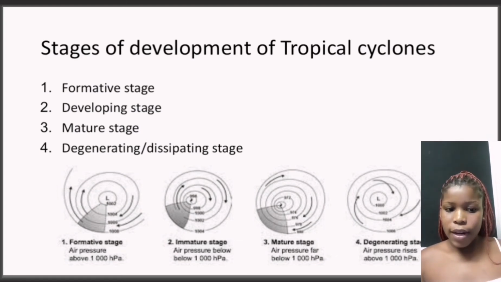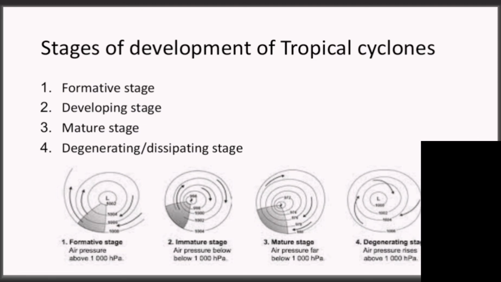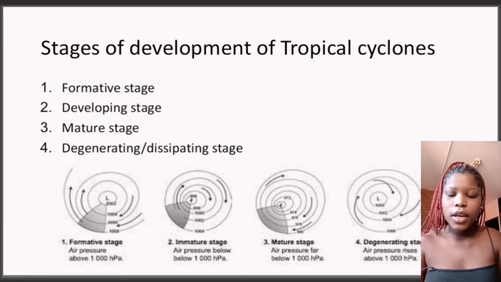The forward left-hand quadrant is most destructive as the intense winds in the cyclone combine with the force of the entire cyclone. The low pressure and the fast wind over the ocean masses cause storm surge, which leads to further flooding on coastal areas.